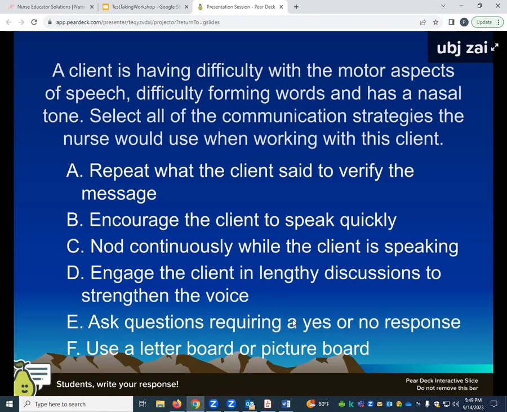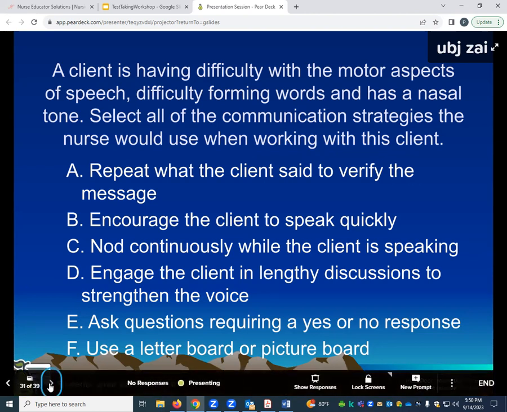Yes, that is true. Now, all of your teaching on therapeutic communication tells you, oh, always ask open-ended questions. But in this situation, open-ended questions are going to be difficult for this patient. So yes or no questions are going to be better. So E is correct. And then F, use a letter board or picture board. Yes. So A, E, and F are the correct ones.